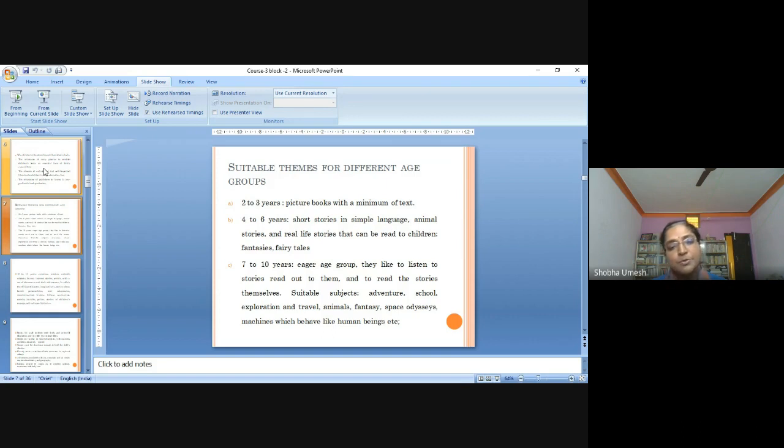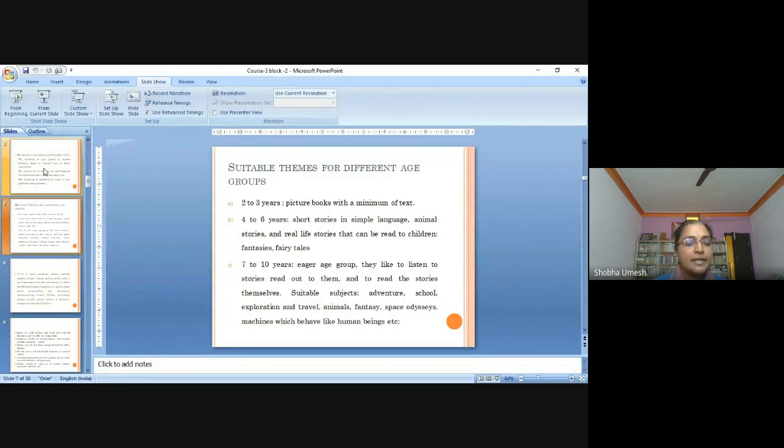But when they are 7 to 10 years old, they prefer to read by themselves, and they prefer stories on subjects like adventure, school explorations, travel, animals, fantasy, space, odyssey, and machines which behave like human beings. Such stories interest the age group of 7 to 10.